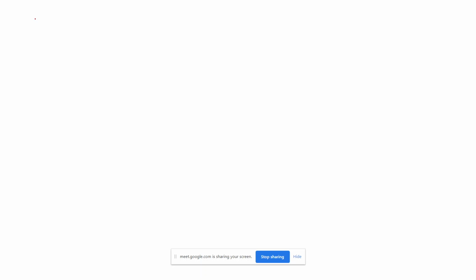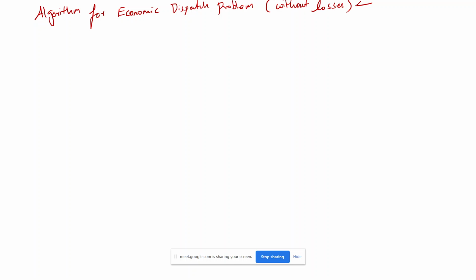So I'll write an algorithm for this. Every time I am mentioning without loss, so don't get confused. With loss is a different method, without loss is a different method. In this also there are two cases.